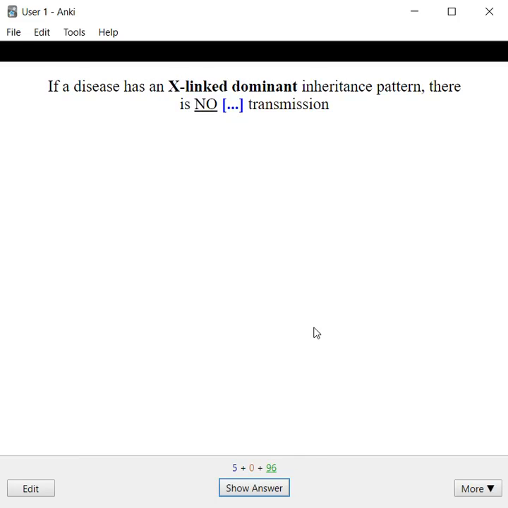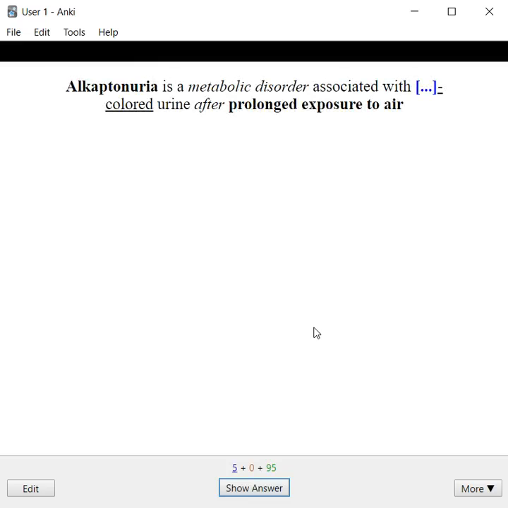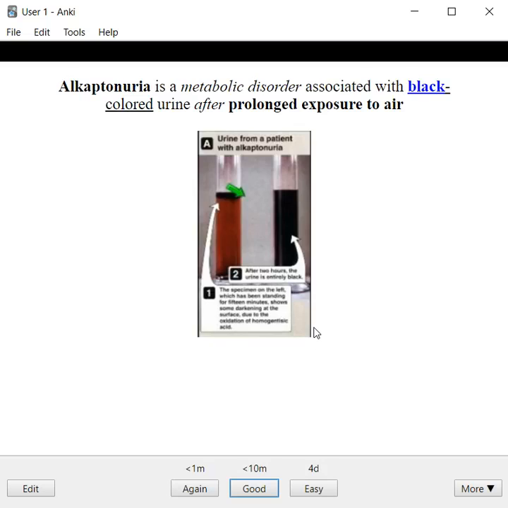If a disease has an X-linked dominant inheritance pattern, there is no blank transmission, male-to-male transmission. Alkaptonuria is a metabolic disorder associated with what colored urine after prolonged exposure to air? Black colored urine.